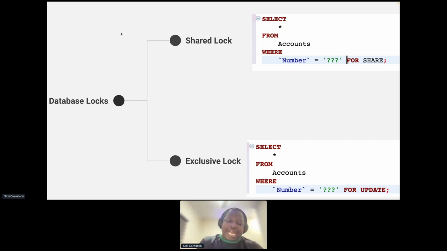Many can retrieve the resource, but none of them can update until the lock is released. That is for your shared lock. For your exclusive lock, only one can retrieve and update. Only one can retrieve it. Once it acquires that exclusive lock, any other process that wants that lock has to be on a queue.